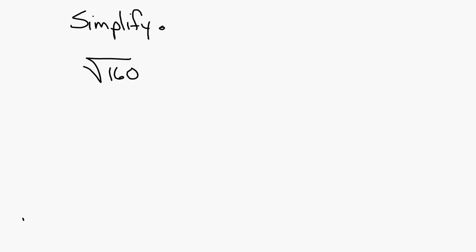And then by 49. And if you look down your list of perfect squares, is 64 going to go into 160? No. So what's your largest perfect square that goes into 160? The square root of 16, and how many times did it go? So the square root of 16 times the square root of 10 is equal to the square root of 160. Now, your 16 is a perfect square, so this becomes 4 times the square root of 10. That is your simplest form of the square root of 160.